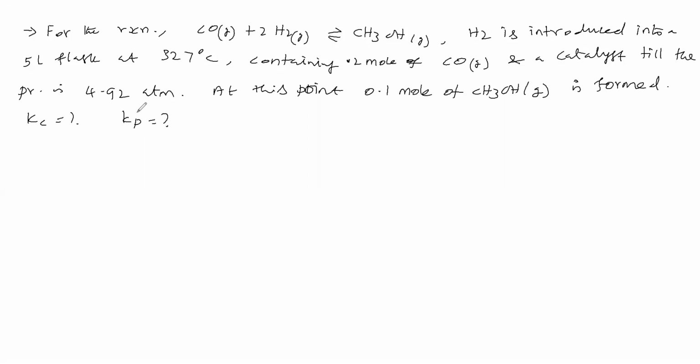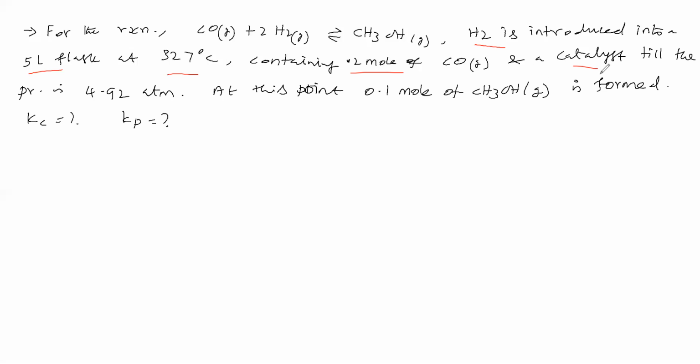Okay. So here initially you are taking hydrogen, a 5-liter flask, a temperature, 0.2 mole of CO, and a catalyst. Due to the catalyst, the rate of forward reaction and backward reaction both increase, so equilibrium is attained fast, but the position of equilibrium is not affected.